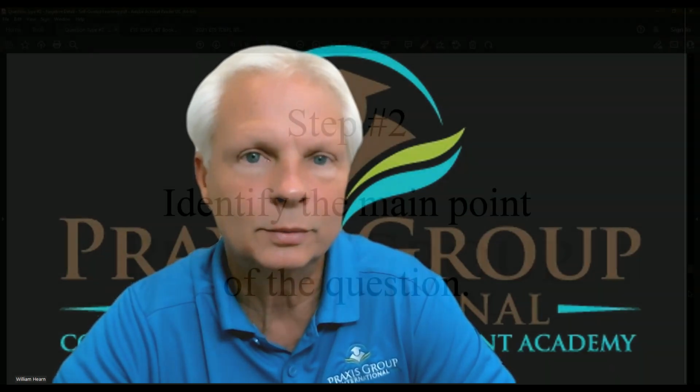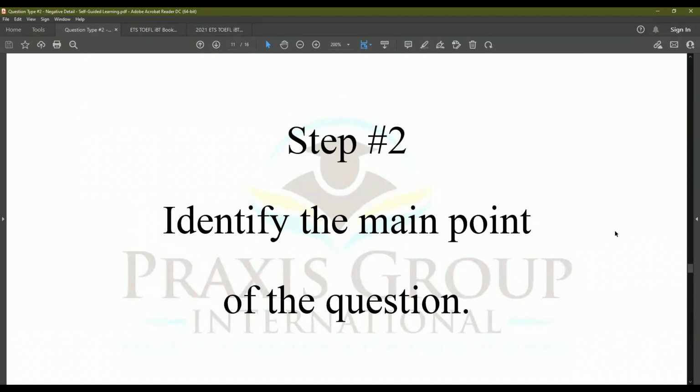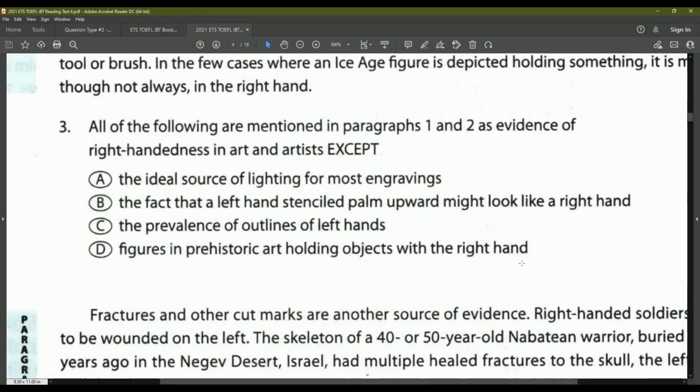What is step 2? Step 2, identify the main point of the question. Well, let's take a look at our example and see how to do that. Keep in mind that if you want to know what a question is asking about, ask yourself the 2 general questions. What is the question asking about, and what does it ask about it?